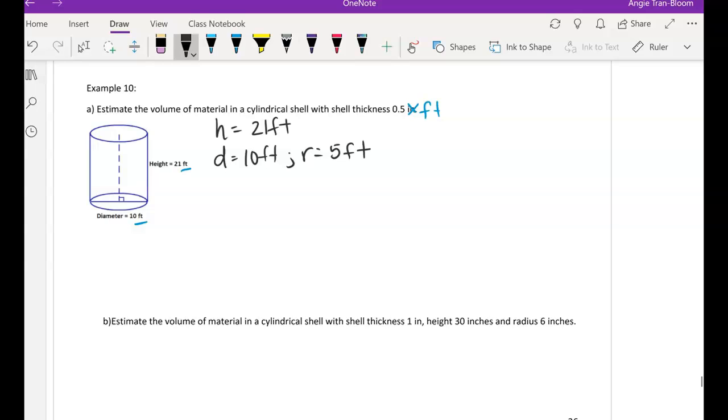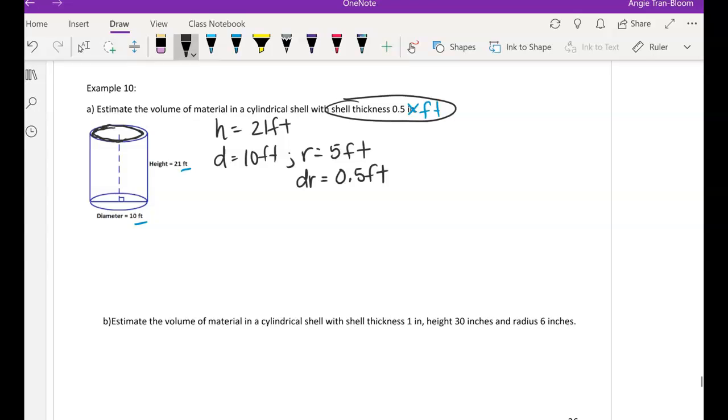The shell thickness is half a foot, so that's really the change in radius, 0.5 of a foot. So this is the shell, and that's going to be half of a foot. So that's the change in derivative.